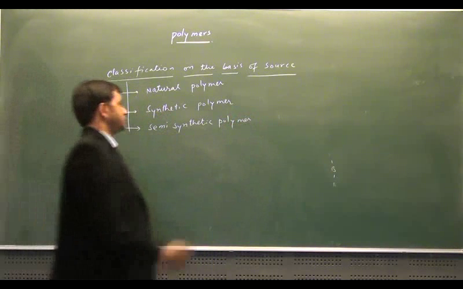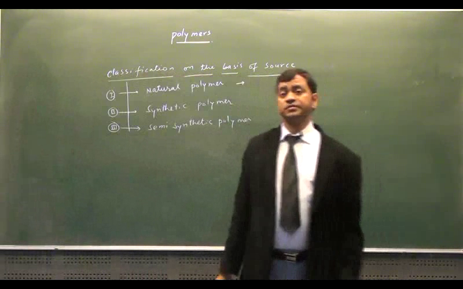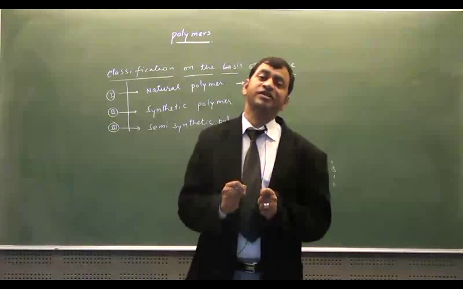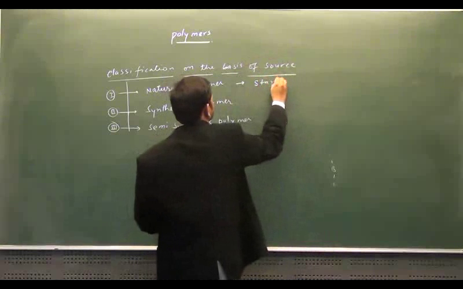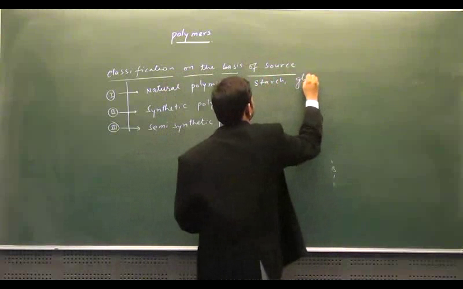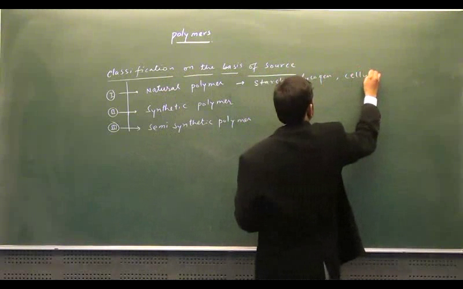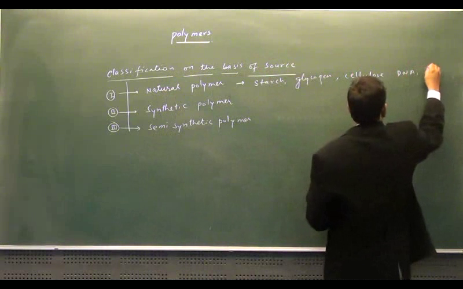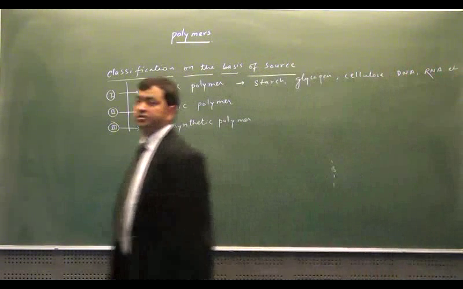See the natural polymer. Example: the polymer which is synthesized by nature, natural polymer, like starch, glycogen, cellulose, DNA, RNA, etc. They are made by nature.